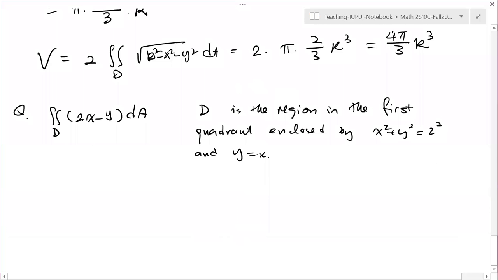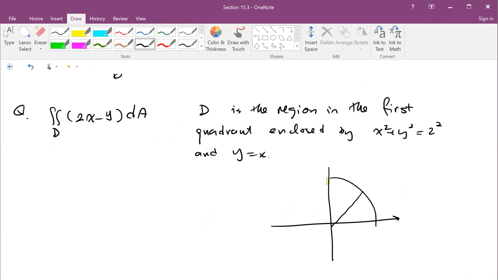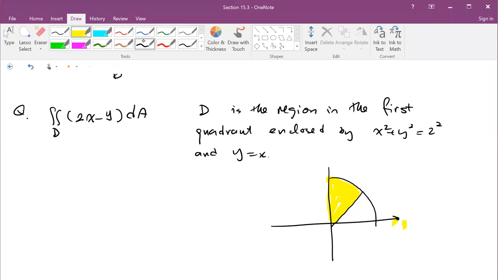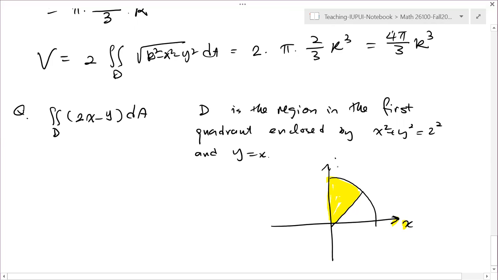So we have to decide which way we're going to do this. There are 2 different ways to set up this integral. First, let's express it as an iterative integral, and maybe you're not able to evaluate it.